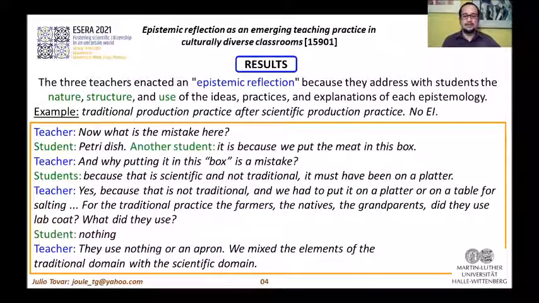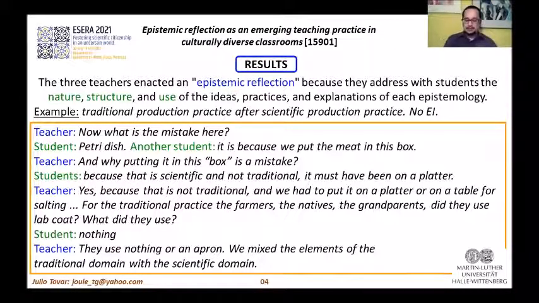For the traditional practice, the farmers, the natives, the grandparents, did they use a lab coat? What did they use? Student: Nothing. Teacher: They used nothing or an apron. We mixed the elements of the traditional domain with the scientific domain.